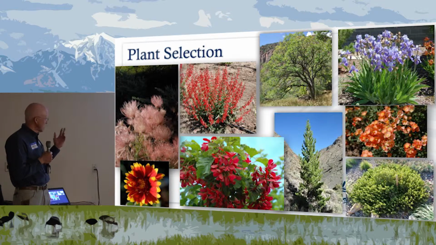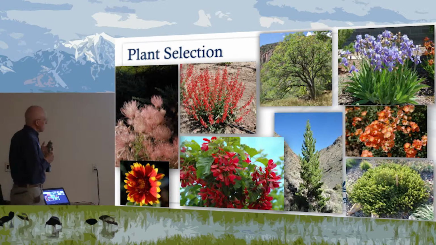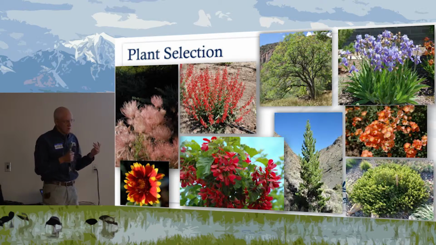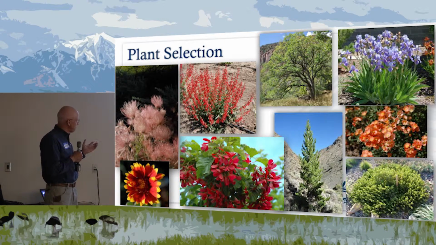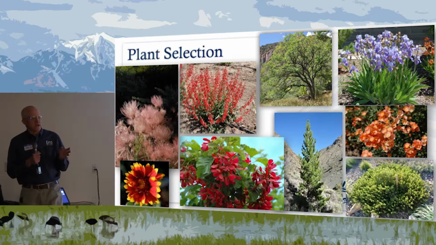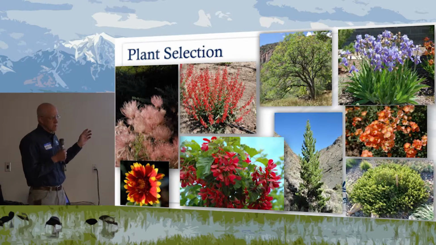Obviously, there's a lot of great plant materials out there. There are people that are using them more and more, as has been mentioned. But we kind of run into some interesting things. One is that we've figured out that we're never going to be able to determine the exact amount of, well, we don't need to, nor should we determine the exact amount of water that each one of these plants use.